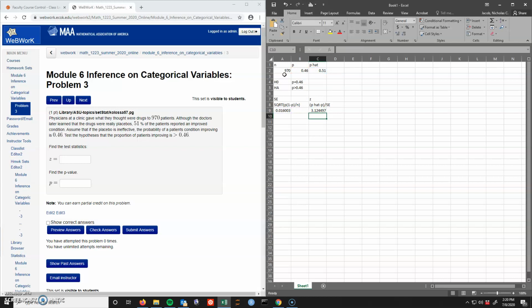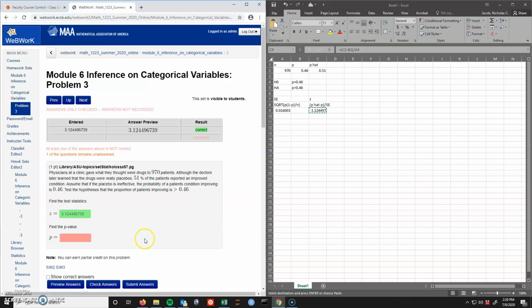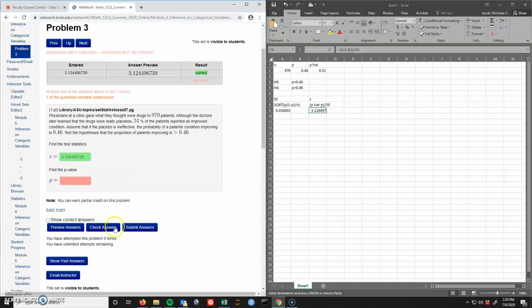So a pretty large z-value. All right, let's double check that's right before we compute a p. No sense in doing that before we get to a p. Let's check. You can click submit. You have infinite submissions of these problems anyway, but I just check for the moment. Okay, cool. I got that right.